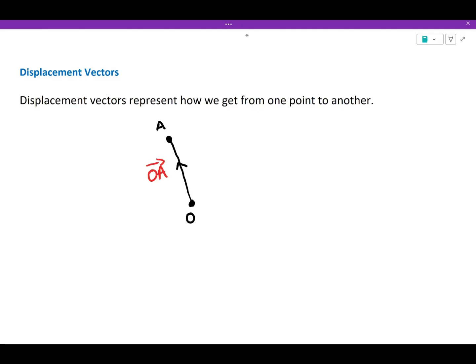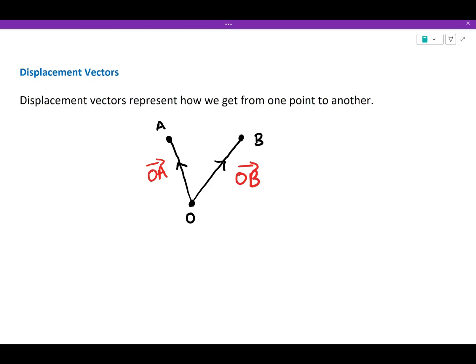Now let's say there was another point over here, and we're going to call it B. And let's say I knew how to get from O to B. So I'm going to draw that vector on. And of course, that would be the position vector of B, so O to B, like this.